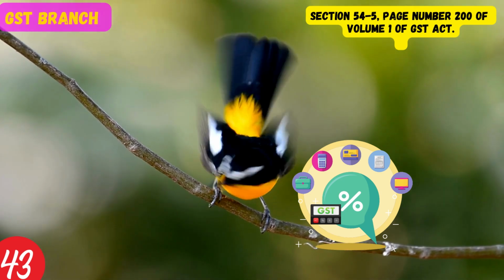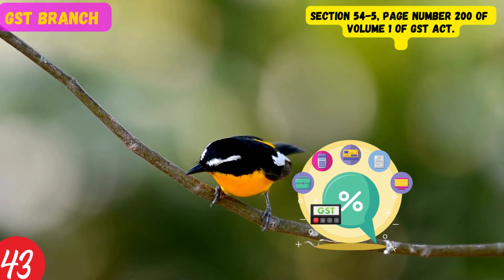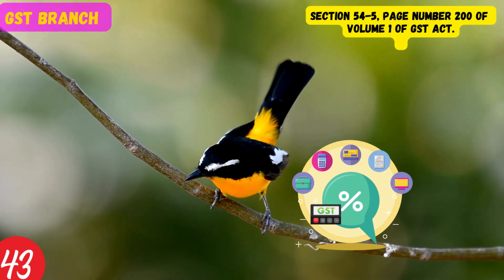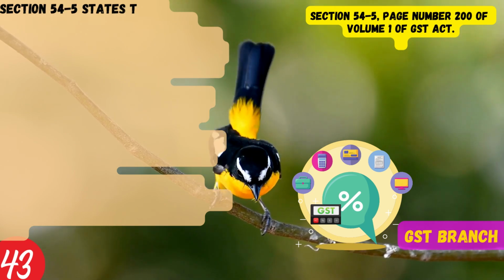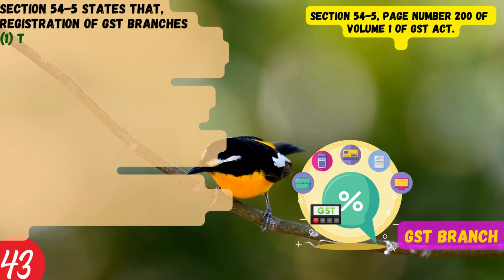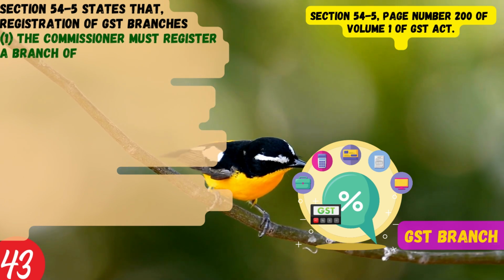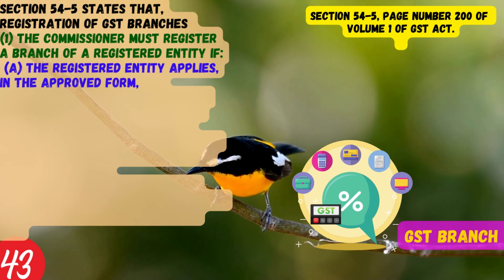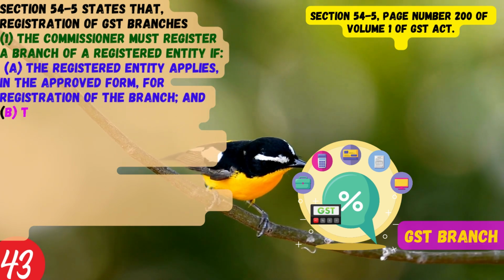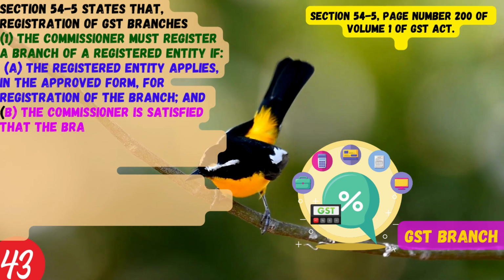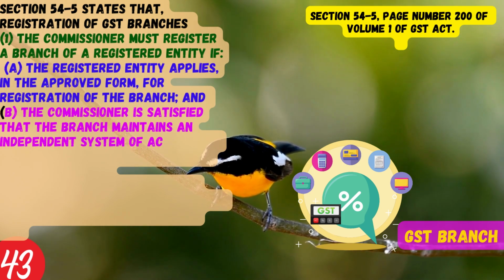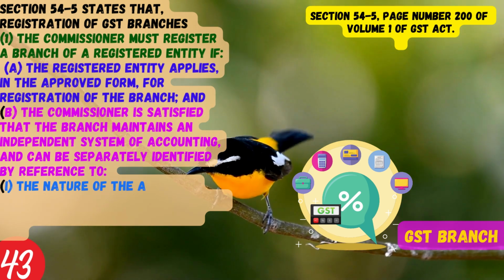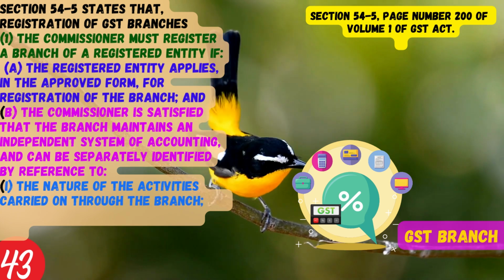Word number 40. GST branch has the meaning given by section 54-5. You can find this on page number 200 of volume 1. Section 54-5 states that registration of GST branches. 1. The Commissioner must register a branch of a registered entity if A. The registered entity applies in the approved form for registration of the branch, and B. The Commissioner is satisfied that the branch maintains an independent system of accounting and can be separately identified by reference to 1.